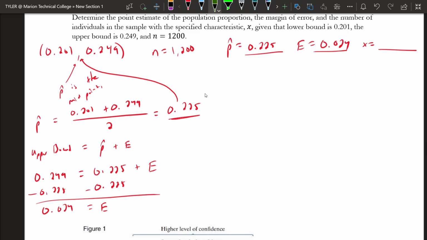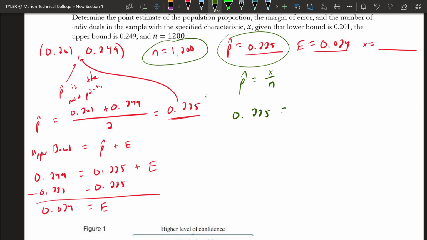So then next, lastly, what I need to find is x, right? So I have an equation, p hat equals x divided by n. So I know what n is. I know what p hat is. So I can plug in what I know and solve for x, right? So p hat is 0.225. N is 1,200.